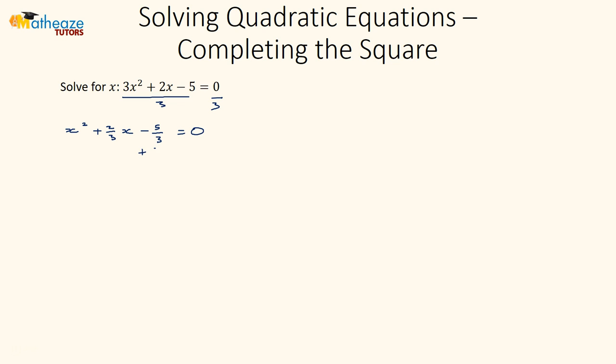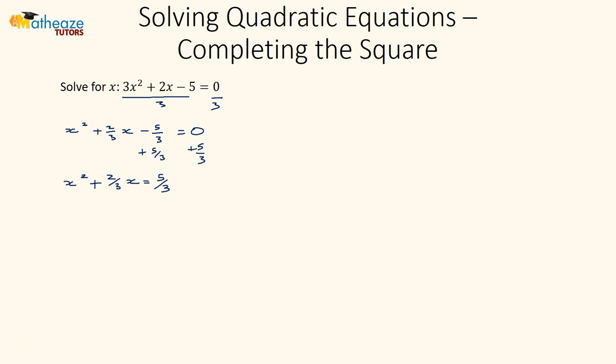So we're going to add 5 over 3 to both sides. So now we have x squared plus 2 over 3x, which is equal to 5 over 3.